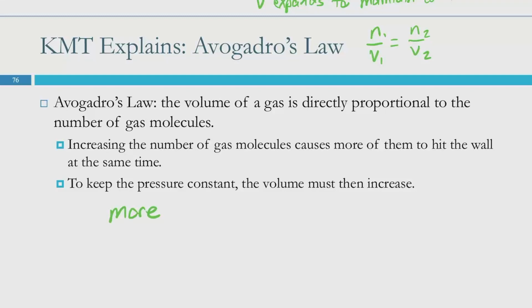Basically, because we're adding gas, we're adding moles or numbers of particles. More particles means more collisions. But because pressure is held constant, like with blowing up a balloon, where the pressure inside the balloon is the same as outside, the pressure is going to cause the balloon to expand to maintain constant pressure. So the volume increases.